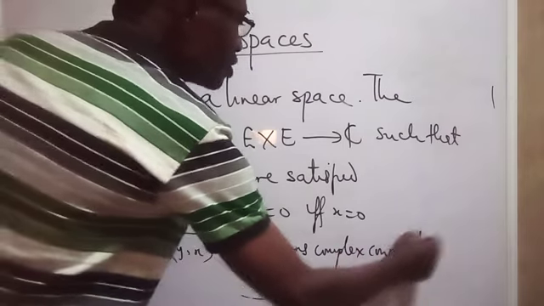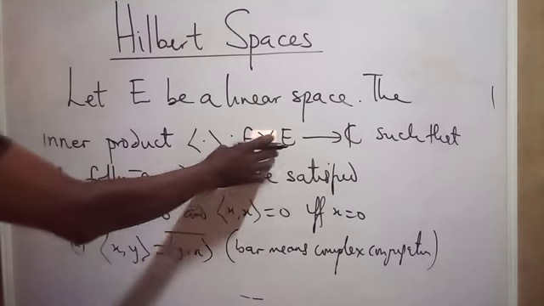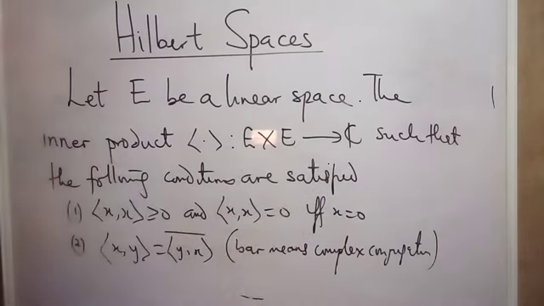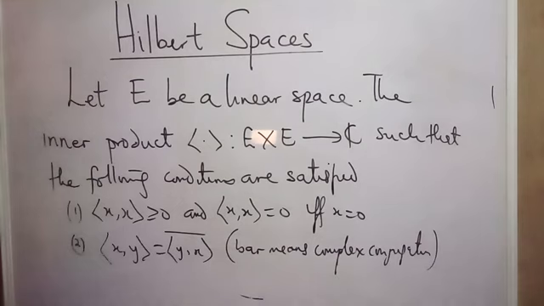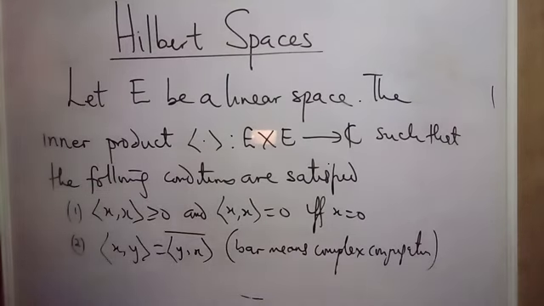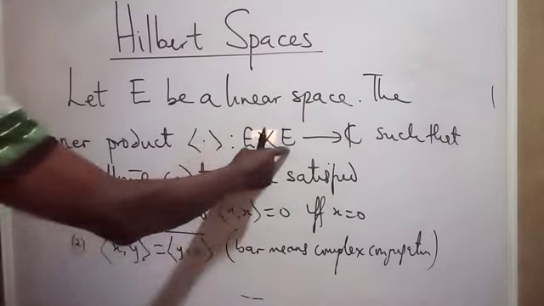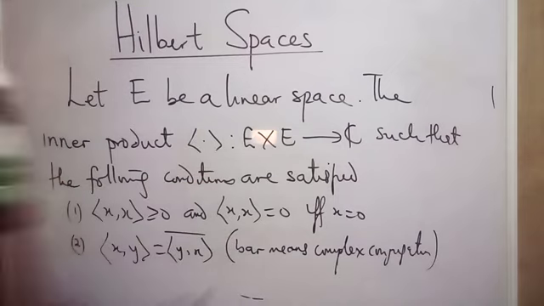Remember from our definition here, we said that the inner product is a map that takes the pair of the linear space to a set of complex number. So that means that the codomain, like I was explaining the other time, of the inner product is going to be what? A set of complex number. It's going to be a complex number. That is, if we pick any two elements from here, we're mapping this to a set of complex number.